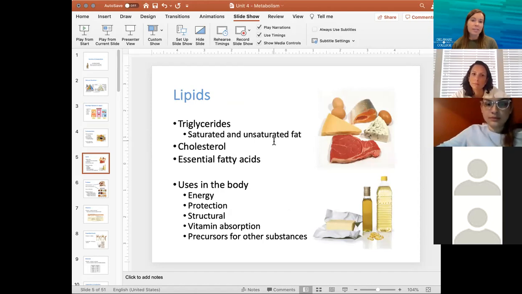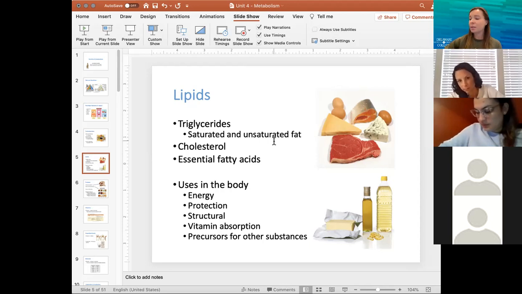So the saturated fats tend to come from meat, dairy, and hydrogenated oils. And that would be something like margarine or shortening, like Crisco.